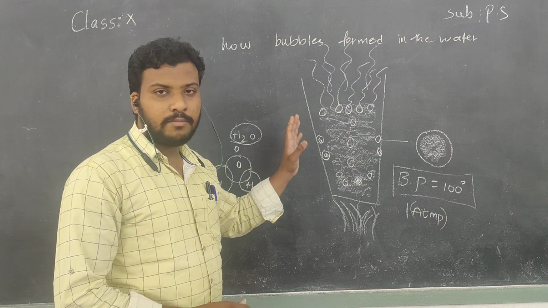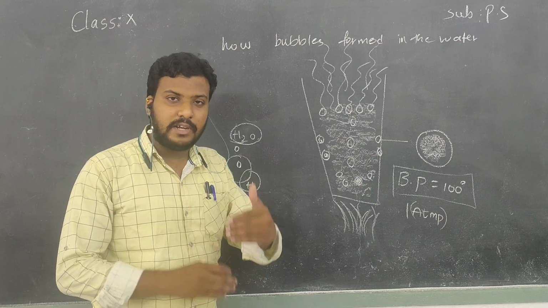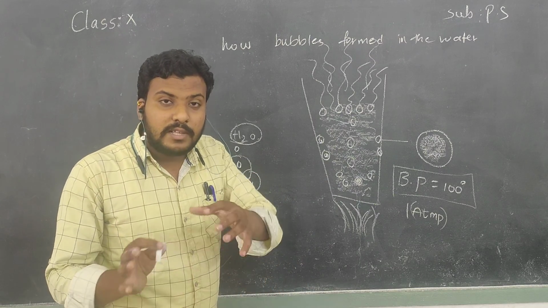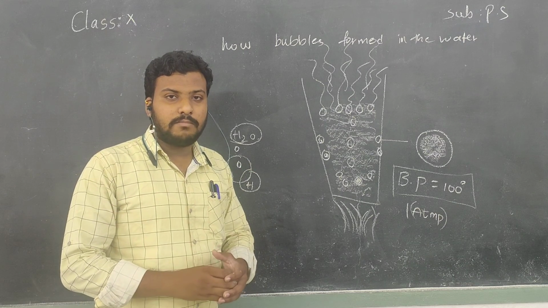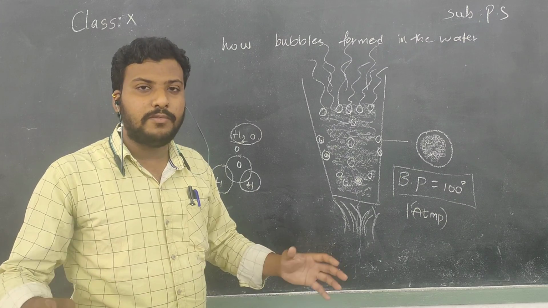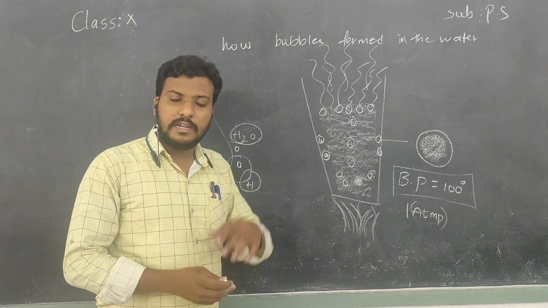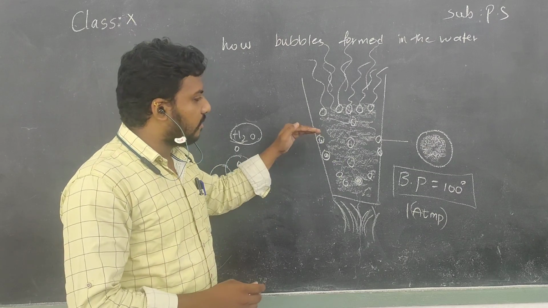Only at 100. Even after it attains 100 degrees Celsius, it never takes any more heat energy, even if you provide a lot of heat energy, because it has attained it.